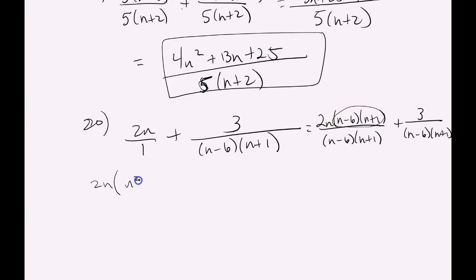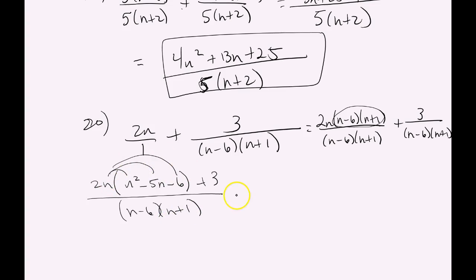So that's an n squared minus 5n minus 6, plus 3, all over n minus 6 times n plus 1. Now I'm not finished. I now get to distribute that to all three terms. 2n cubed minus 10n squared minus 12n plus 3 all over this.